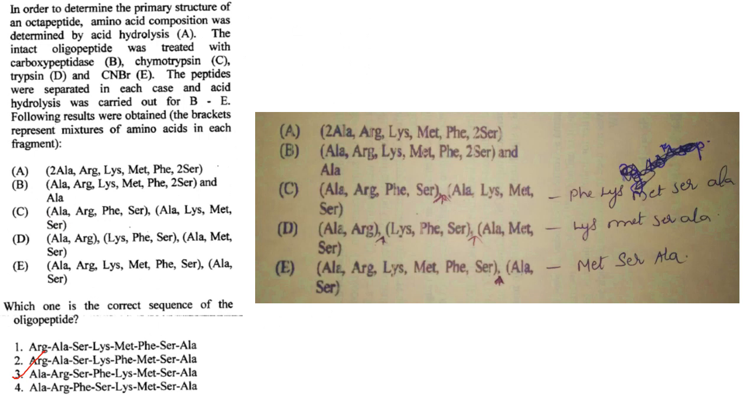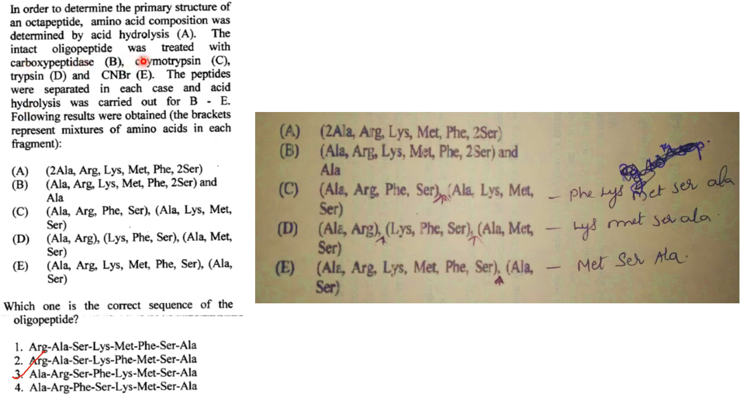Then next one. In order to determine the primary structure of an octapeptide, amino acid composition was determined by acid hydrolysis, that is A. This one is amino acid by acid hydrolysis.